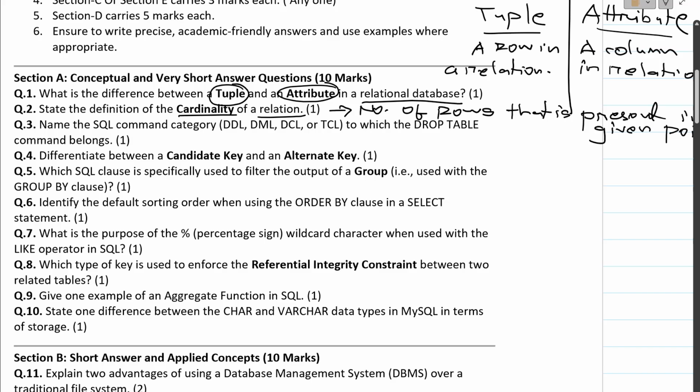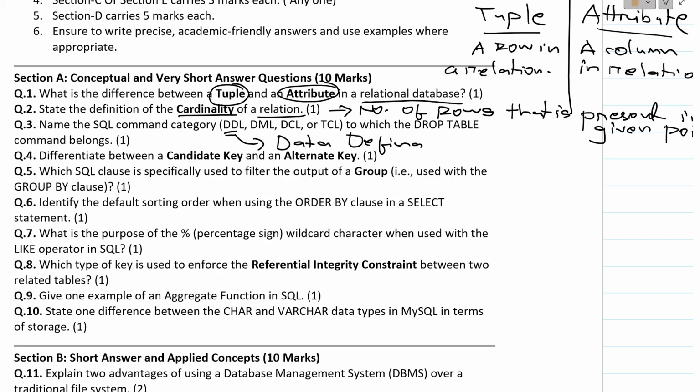Now number 3, name the SQL command category, DDL, DML, DCL or TCL, to which the drop table command belongs. As we know very properly, whenever any command is directly impacting the structure of the table, that is coming under DDL, data definition language.